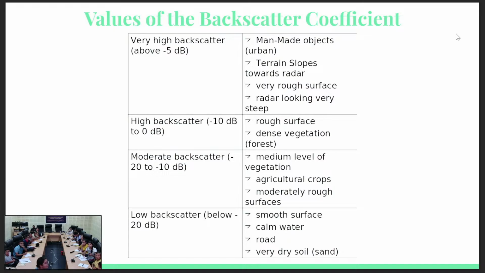And finally, I want to circle back. Based on the value of the backscatter coefficient also, we will be able to understand a bit about the different objects. For lower backscatter, it's generally smooth surfaces like water, lakes. We saw that it was all black, right? Even roads, which are very smooth.